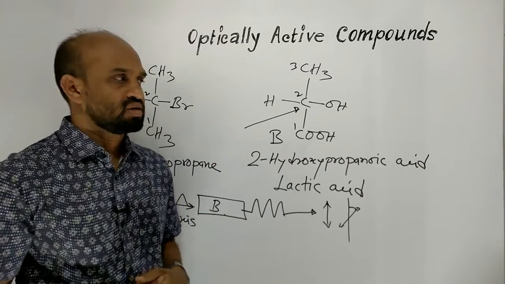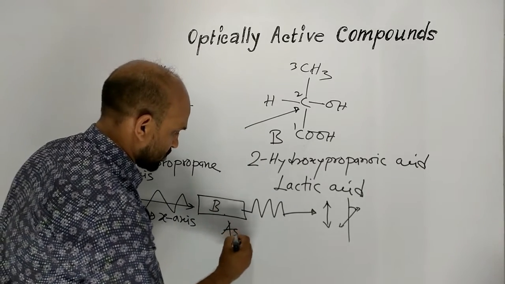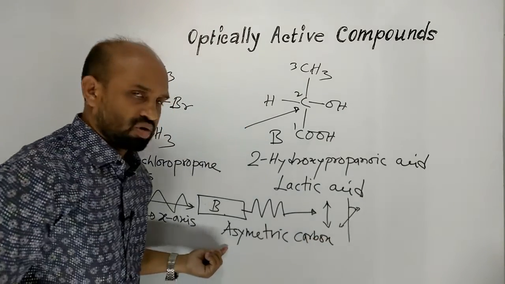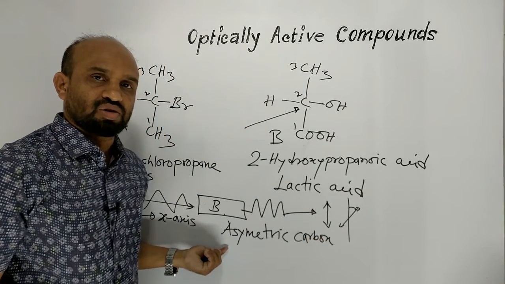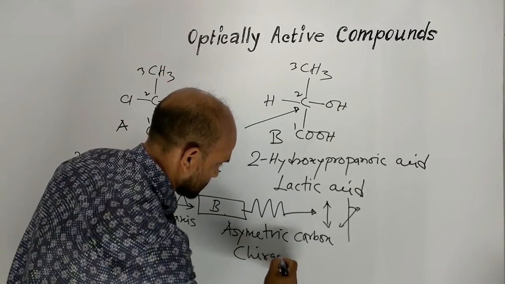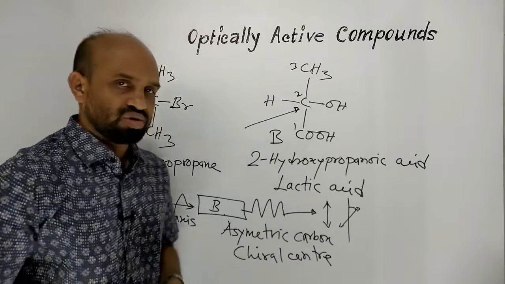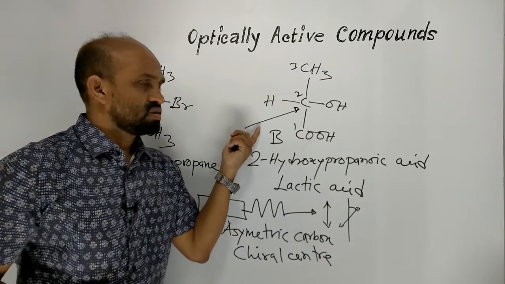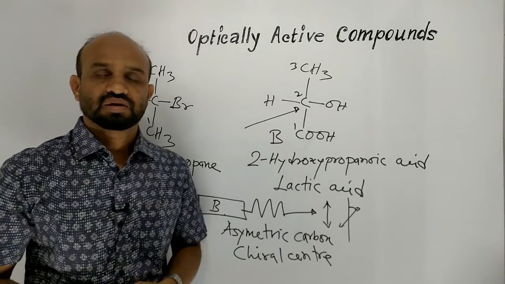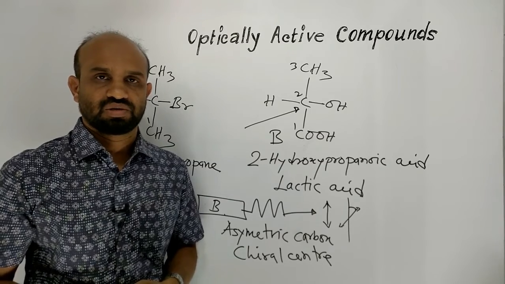That is why this carbon is called asymmetric carbon, or this carbon is called chiral center. So we can say that the compound with chiral center, that means chiral compounds, are optically active compounds.